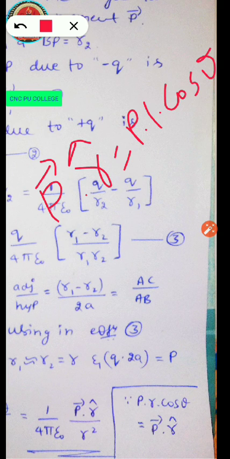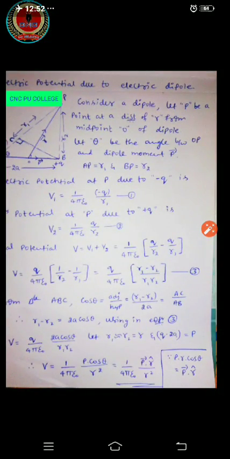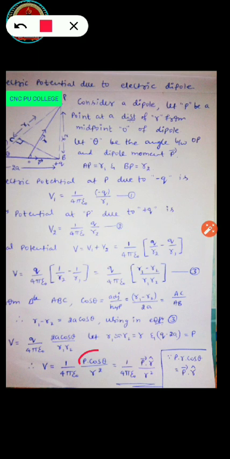Therefore p cos theta is vector p dot r cap. Why? Because vector p dot vector r cap is nothing but p into 1 into cos theta, that is p cos theta.